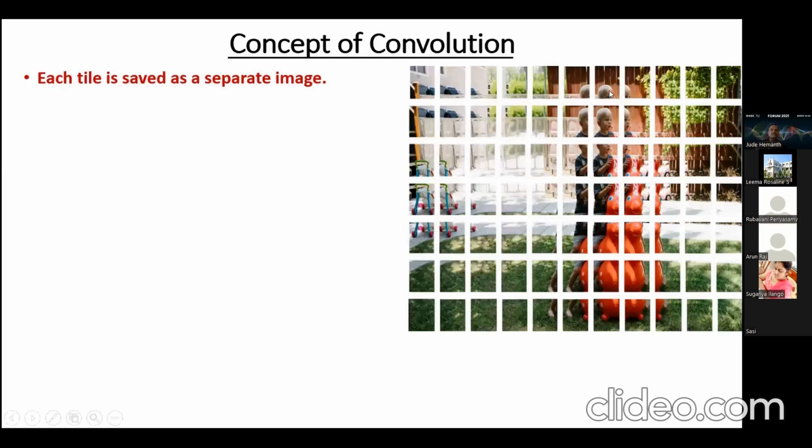I cut this original image into many small images, right? So when you look at the sixth image, this is one small image. When you look at the sixth image, the boy's head is in one corner. In the next image, it is in the middle. Next, it is in the corner, left and right. So you can see the body of the child available in more than one position.